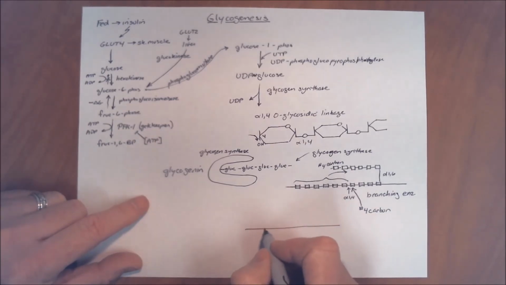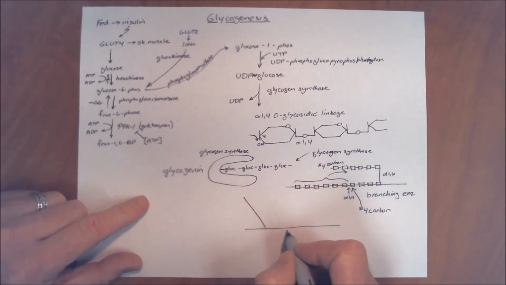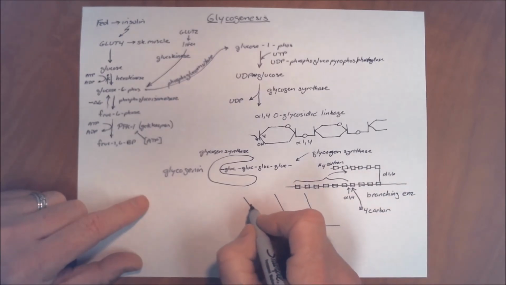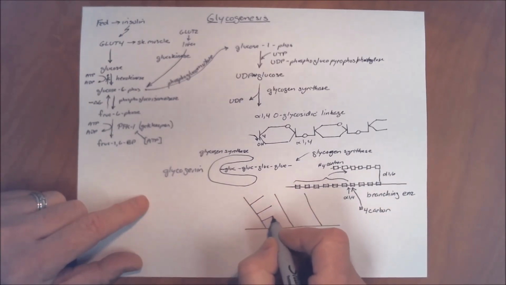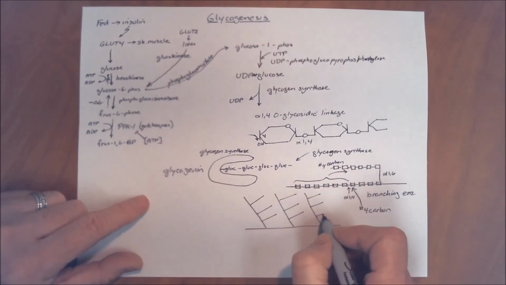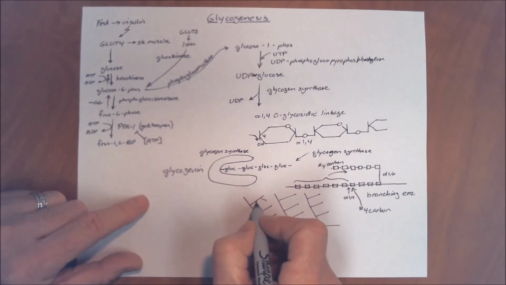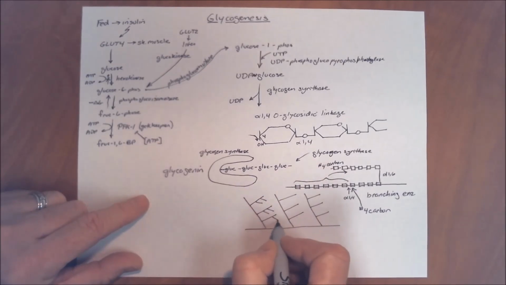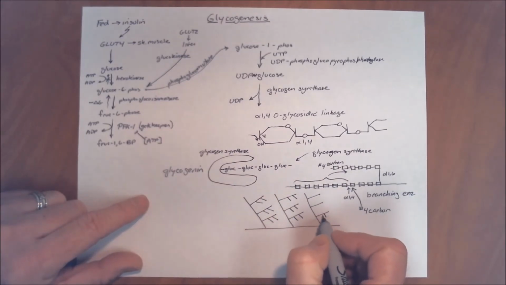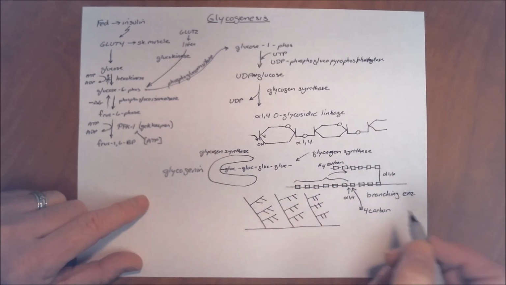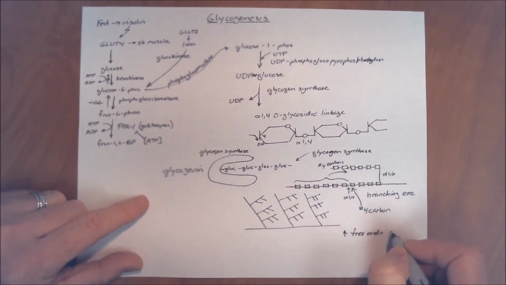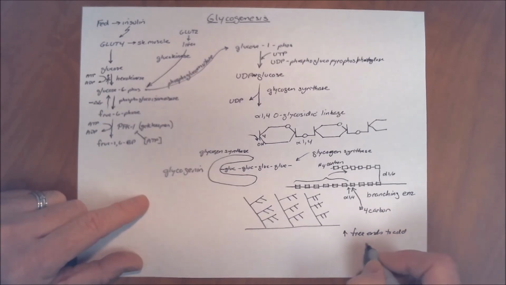So if we have a long polymer, we have a branch, and another, this can also branch, and etc. We can keep branching these molecules. Effectively, what we're doing is dramatically increasing the free ends to add glucose.